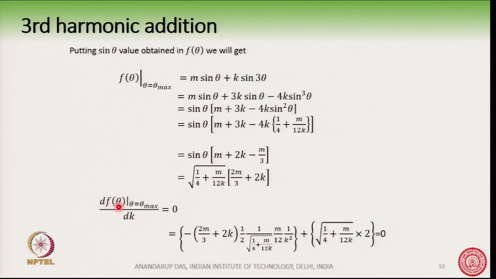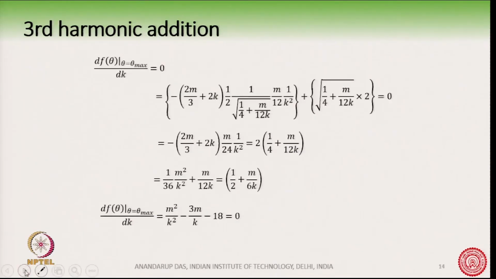So, we take df theta by dk at theta equal to theta max, put it to 0, and differentiate it once more, which is shown here. From this, by several steps, we get to an equation like this, which ultimately comes up to be m square by k square minus 3m by k minus 18 equal to 0.